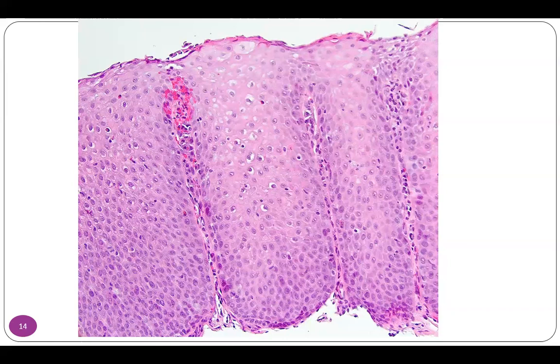These are the features of. Yes, please. Doctor, is the only difference between GERD and eosinophilic esophagitis histology besides the age aspect? Between GERD and eosinophilic esophagitis? No, we will come to that later on. So these are the features of reflux disease or GERD.